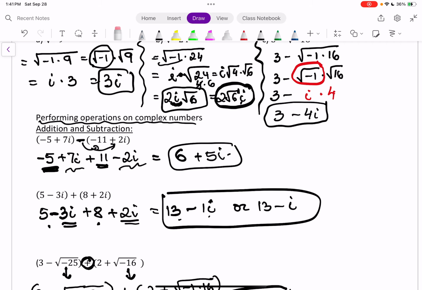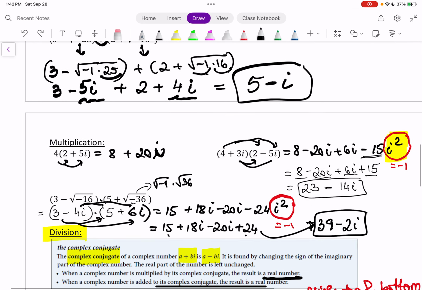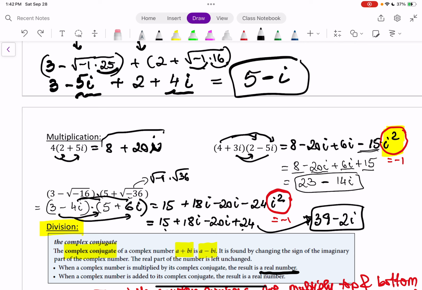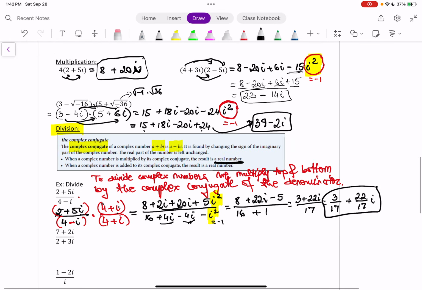We multiply them, switch the i squared to a negative 1, and there you go. The answer is in a plus bi form. So every single time we get a real part plus something imaginary. So that's exactly what we wanted here as well.